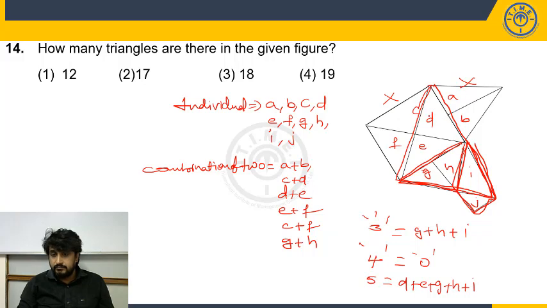Can we add any? Can we find that? No. So individually completed and combination of these two diagrams is completed. Do we have any combination of these two? No. So totally here 10 and here we have 6, 1 and 1. Totally 18. Choice 3.